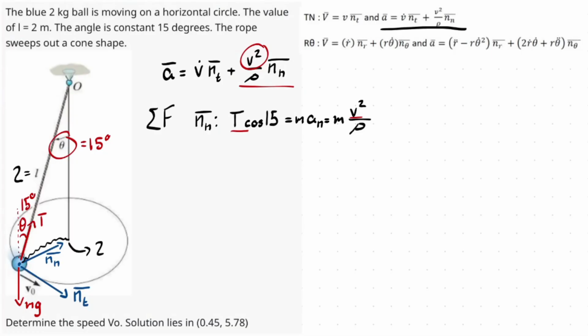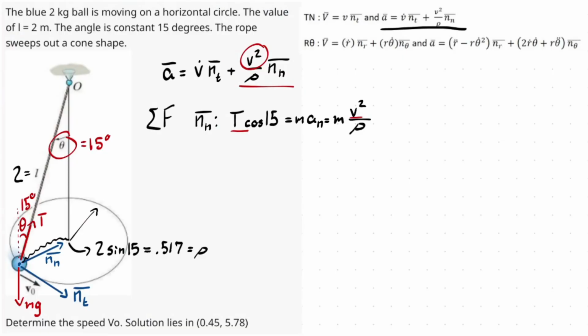Not the cosine, that's for the top part, times the sine of 15. And that's equal to 0.517, which is equal to rho, right? Because it's just the radius of this circle, so radius of curvature. So we know rho now. We just still don't know v, and we still don't know our T for this sum of forces.